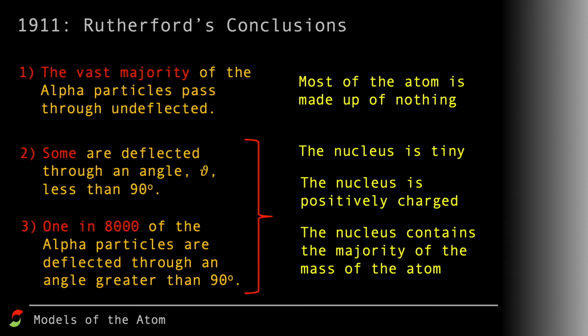So in this example, the alpha particle gets repelled back off this nucleus, and it's the alpha particle that gets reflected back. So whatever it interacts with must be more massive than it. This nucleus is tiny, it's got a concentration of positive charge, but importantly, it contains the majority of the mass of the atom because it is able to deflect back an alpha particle.